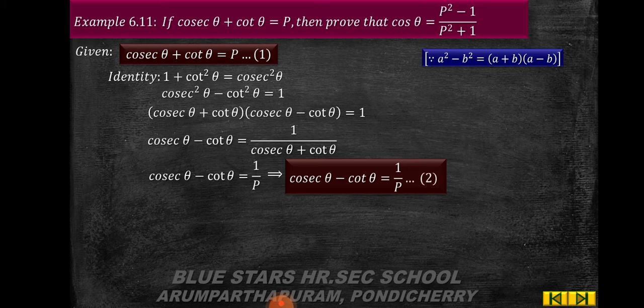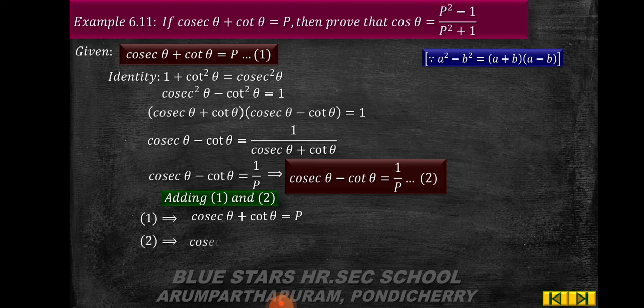This is your second equation. Adding equation 1 and equation 2, from equation 1 you have cosecant theta plus cot theta is equal to P, and second equation cosecant theta minus cot theta is equal to 1 by P. So plus cot theta minus cot theta gets cancelled.